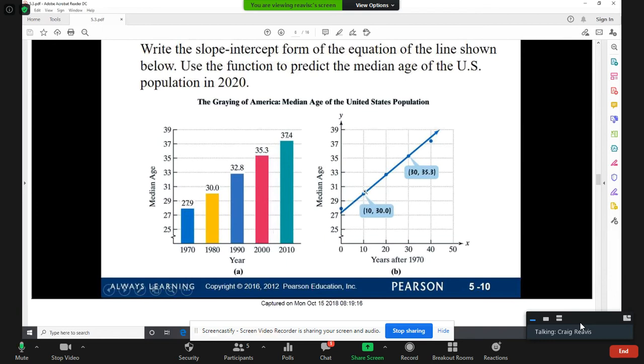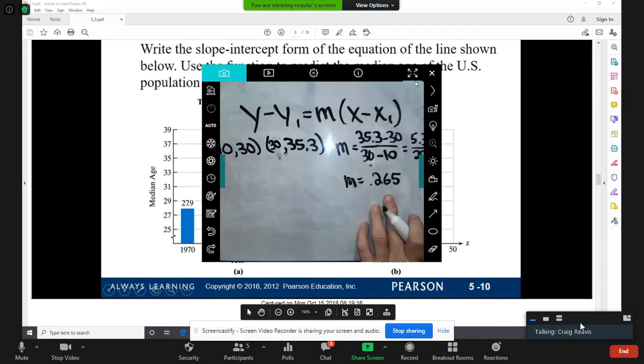Does that make sense? Okay. That means in 10 years, it'll go up by 2.65 years.